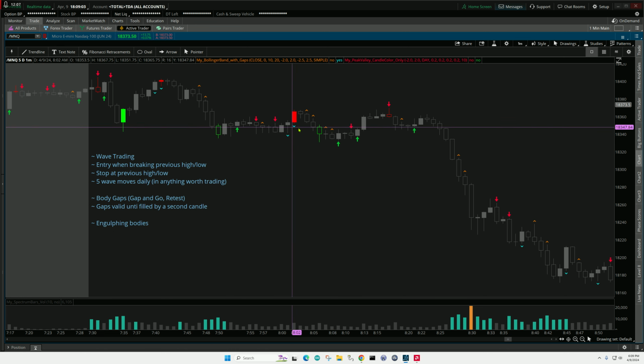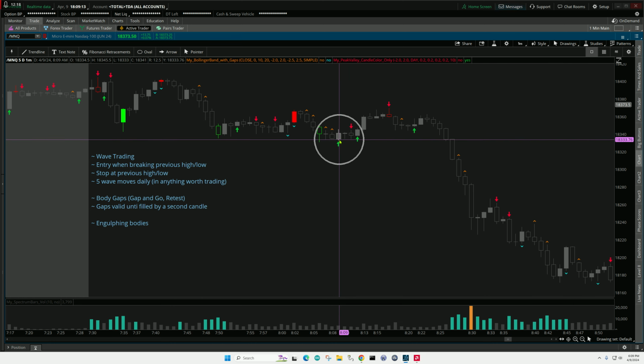Now, price does go sideways here in about 30 minutes of consolidation. And so you either get stopped out there, maybe you got faked out and you lost your conviction in the short. But the reality is, as long as you're trading waves, you don't lose your conviction in the short. You just simply wait patiently for the market to come back down.